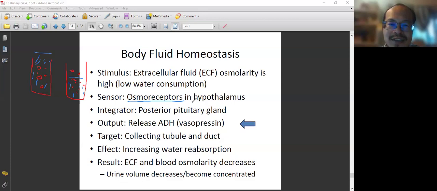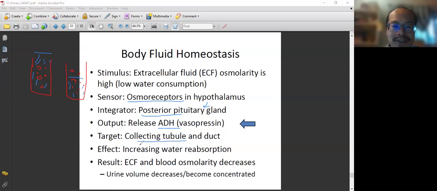The integrator is the hypothalamus, but it has the extension to the posterior pituitary gland. And so it will release ADH. It will act on the effector. The effector, the target, is the collecting tubule, the collecting ducts.